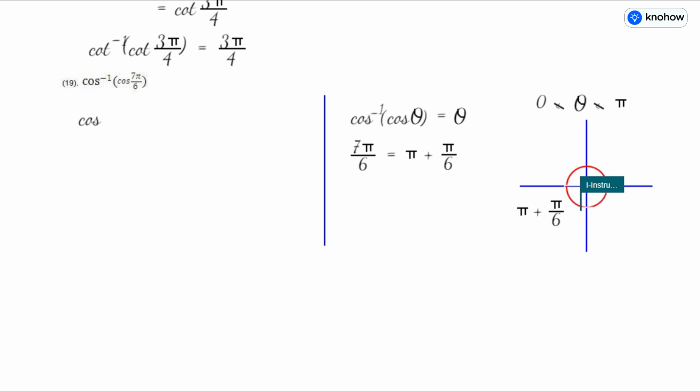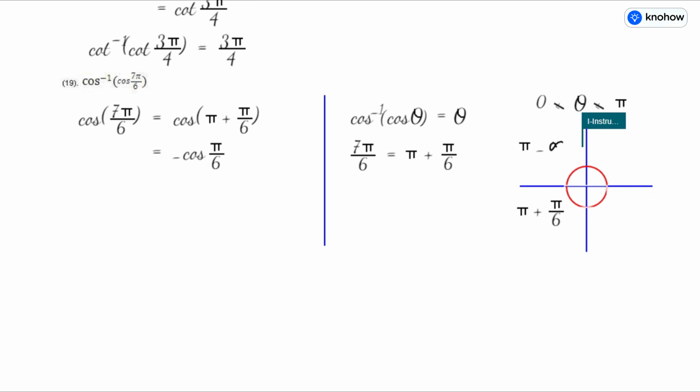So now cos 7 pi by 6 is cos of pi plus pi by 6. Cos in the third quadrant is negative, so it is negative cos pi by 6. How to make it in the second quadrant? Look, the angle in the second quadrant is of the type pi minus alpha.